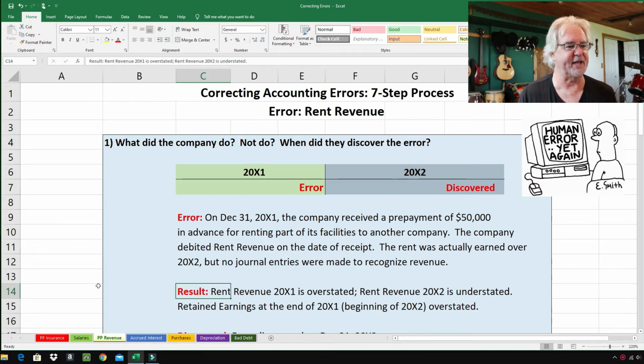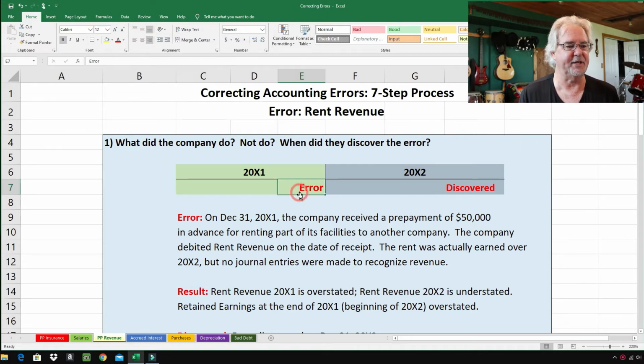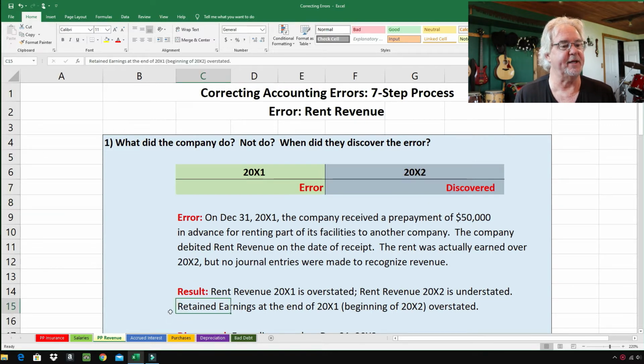So they made a mistake. What's the result? That's the next step here. Rent revenue in 2001 is overstated, and rent revenue in 2002 is understated. And also as a result, retained earnings at the end of 2001 or the beginning of 2002, either way, is overstated.